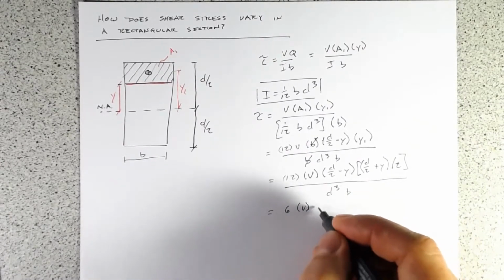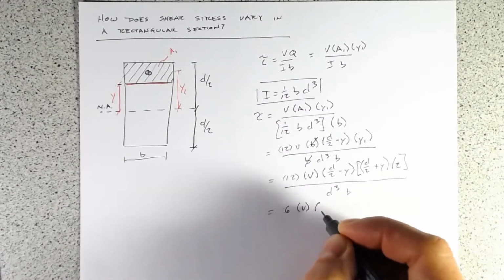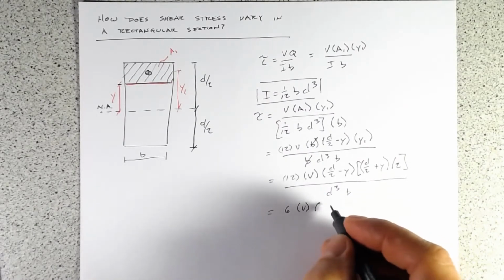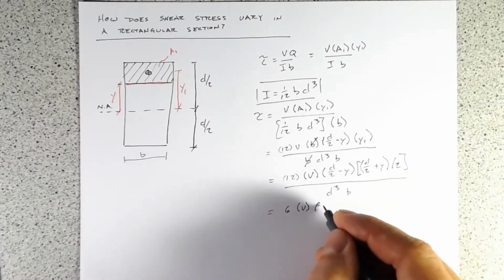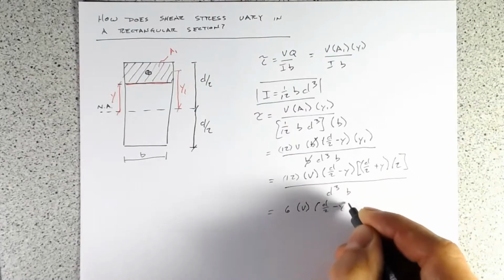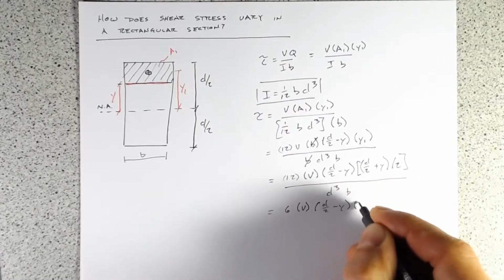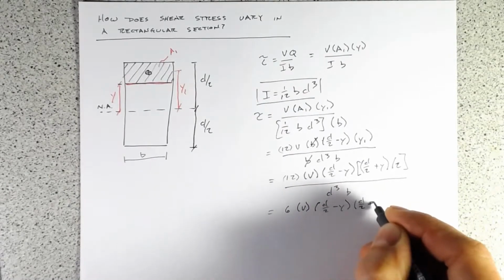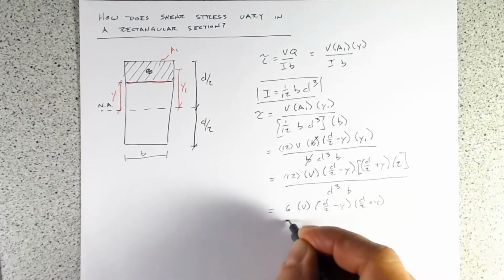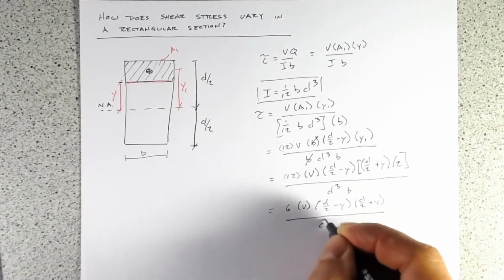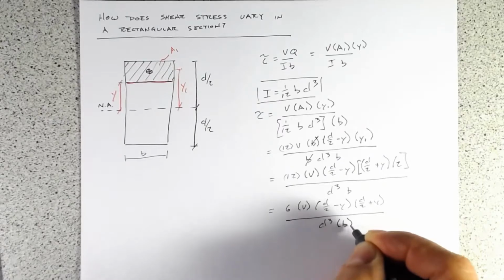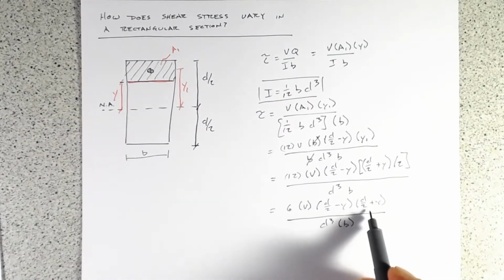That will give us 6V times D over 2 minus y times D over 2 plus y, over D cubed times B. Let's multiply this out.